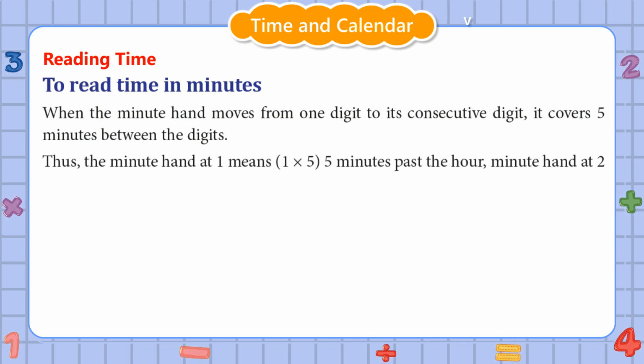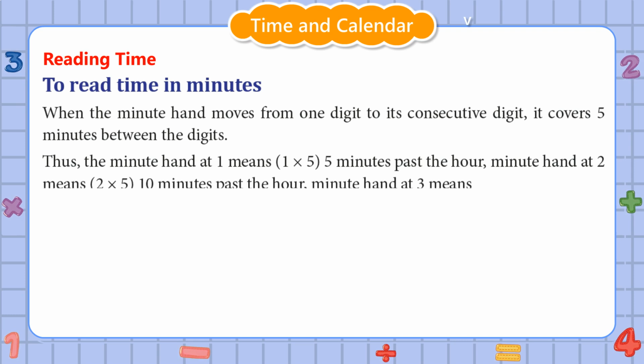Thus, the minute hand at 1 means 1 multiplied by 5, 5 minutes past the hour. Minute hand at 2 means 2 multiplied by 5, 10 minutes past the hour. Minute hand at 3 means 3 multiplied by 5, 15 minutes past the hour, and so on.